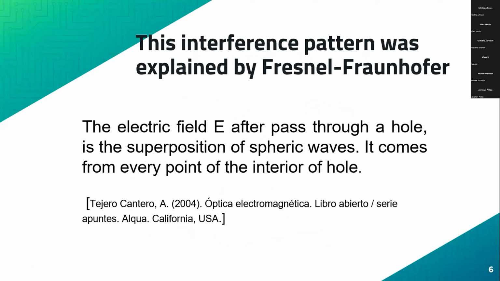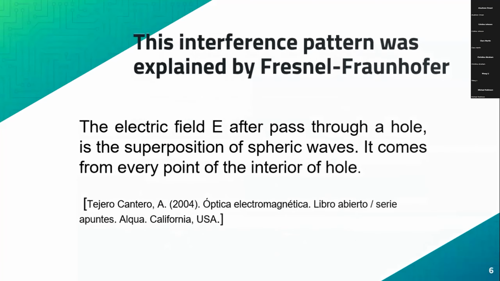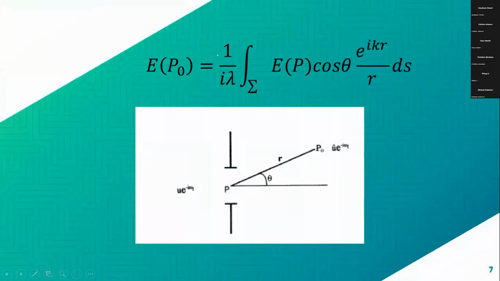When one wave passes through the hole, we can consider many sources of this wave that have a diffraction pattern in another place. Then Fresnel-Fraunhofer explains the electric field in terms of this integral for any point P0.